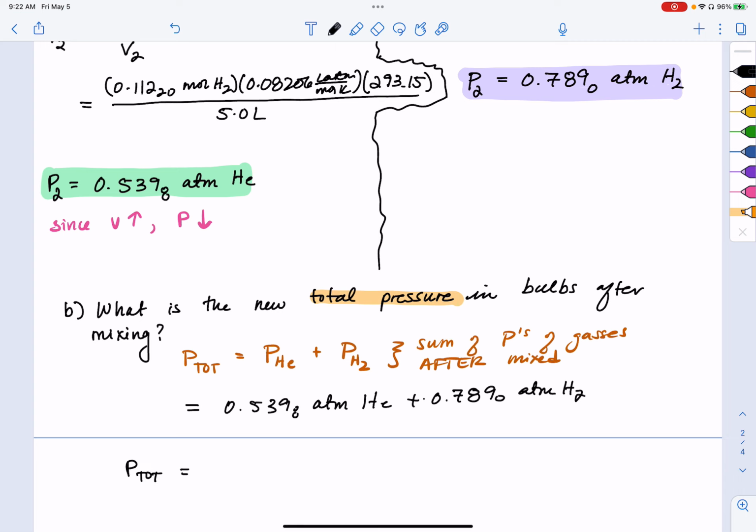This gives us a total pressure of, let's see what that addition is, 0.7890 plus 0.5398 gives me 1.3288 atmospheres. And then, of course, for the correct sig figs, let's assume that our volume had 2 sig figs. This becomes 1.3 atmospheres is our total pressure after mixing.